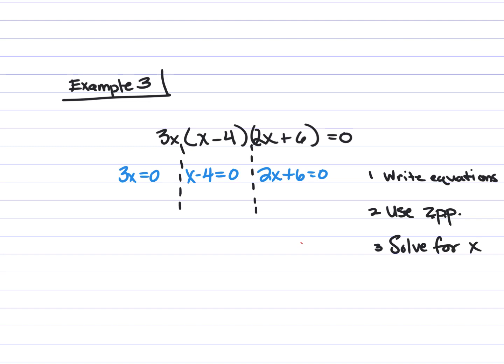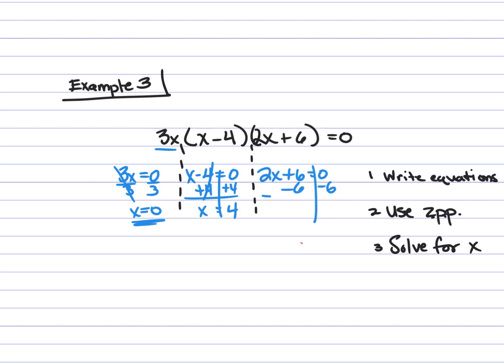Divide by 3, x equals 0. If you have a factor in front of the parentheses like this that contains a variable, one of your solutions or roots is always going to be 0. Then add 4, x equals 4.